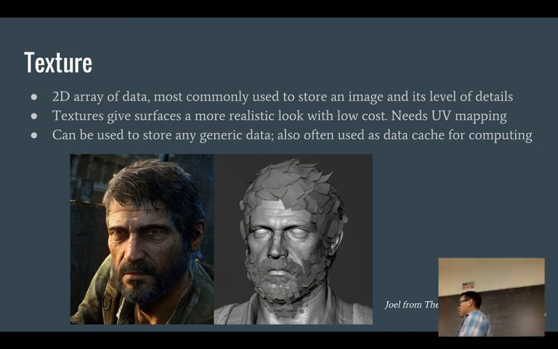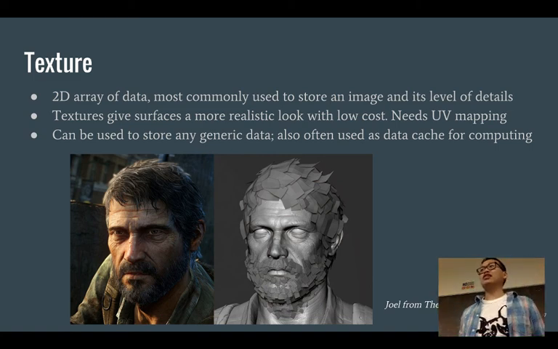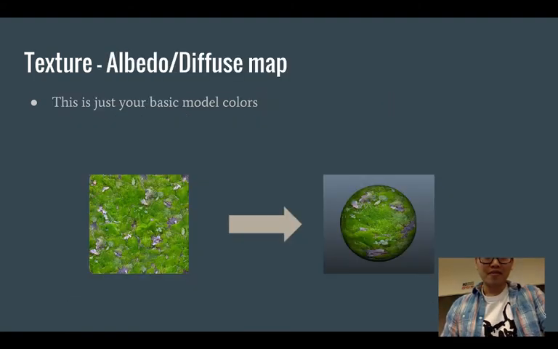Usually your mesh has no color at all when you model it, and you use a texture to apply on top of the surface, so you make the surface look better. In this case, they just put a texture onto his face, and now he looks real, well, more real. But it's really just a container, a buffer of data, typically used for images in graphics.